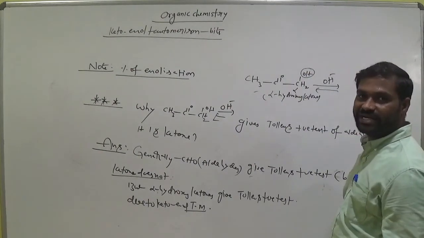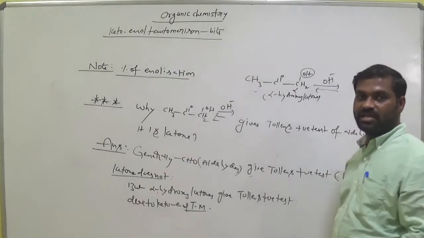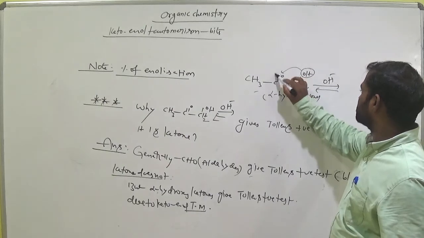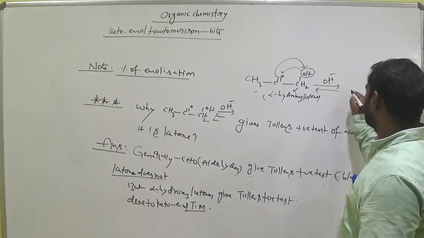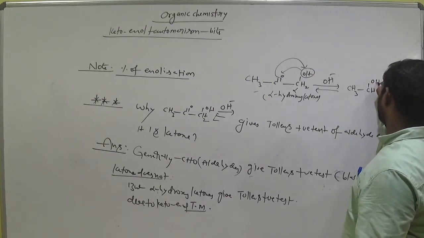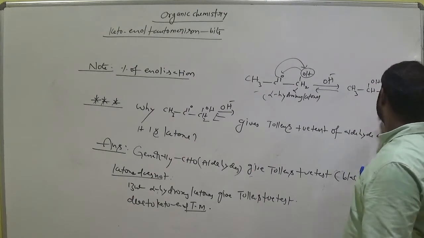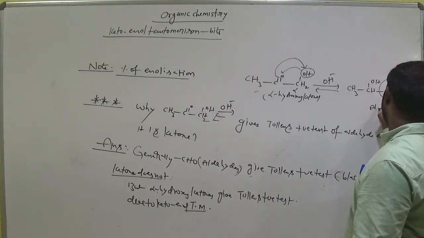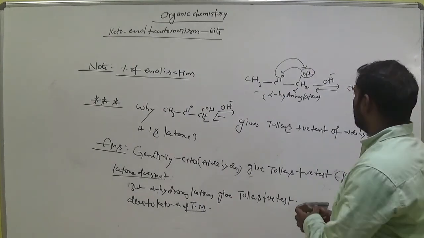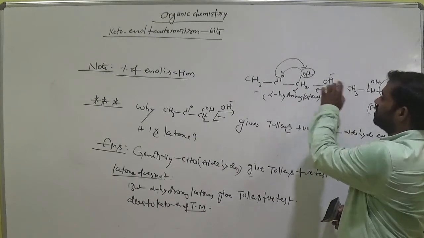OH group is called hydroxy. You must have read each and every point in the previous classes. Keep it in your mind. Alpha hydroxy ketone. Now what happened? These positions are exchanged. Am I right? So then what are we expecting here? CH3, CHOH, bond C double bond OH, aldehyde. So this group is called aldehyde. Okay. So in presence of base, it is immediately converted to aldehyde, and it will again convert to this one.